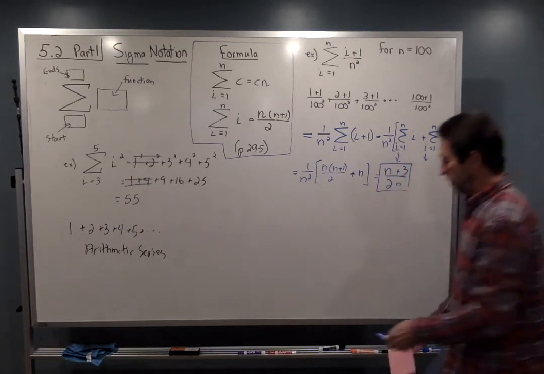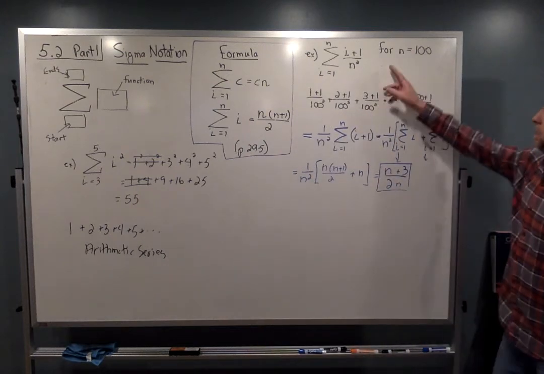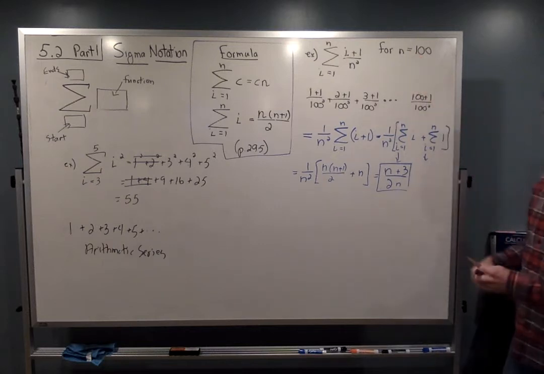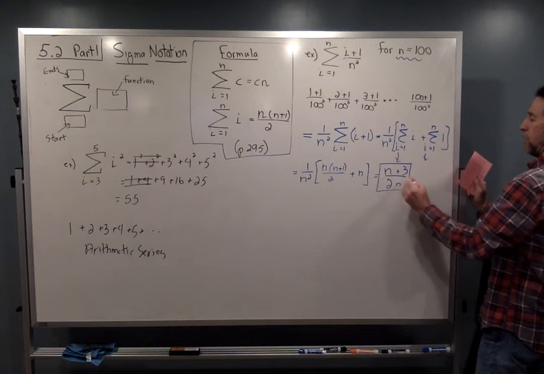So now, if I wanted to find this summation for when n is 100, all I'd have to do is put 100 where the n is.